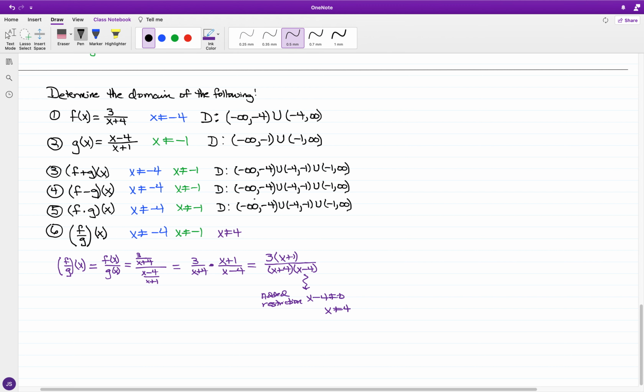And so for the resulting domain for the quotient function, you have going from negative infinity approaching the smallest of the exclusions, negative 4, in parentheses. Then bypassing negative 4, approaching the next smallest value, negative 1. And this time, bypassing negative 1, not approaching infinity, but this third exclusion at 4.